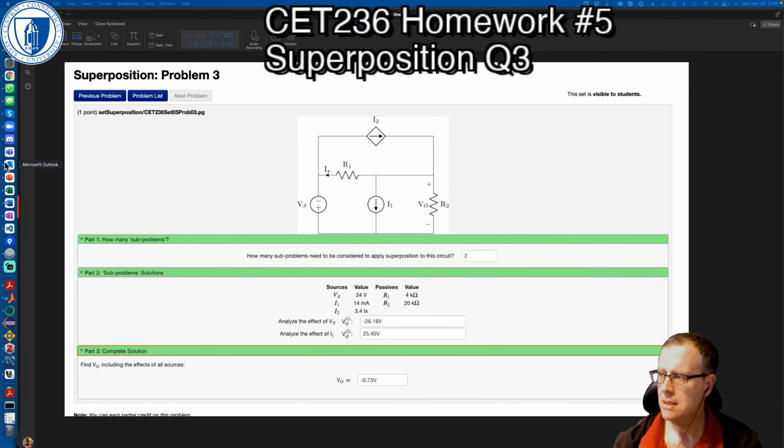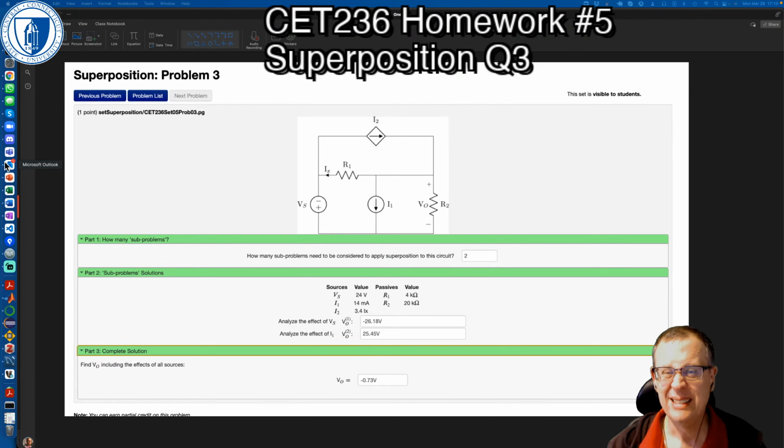Okay, here's the CET236 Homework 5 Superposition question 3. And again, we've got two independent sources, Vs and I1, but now we also have a dependent source, I2.